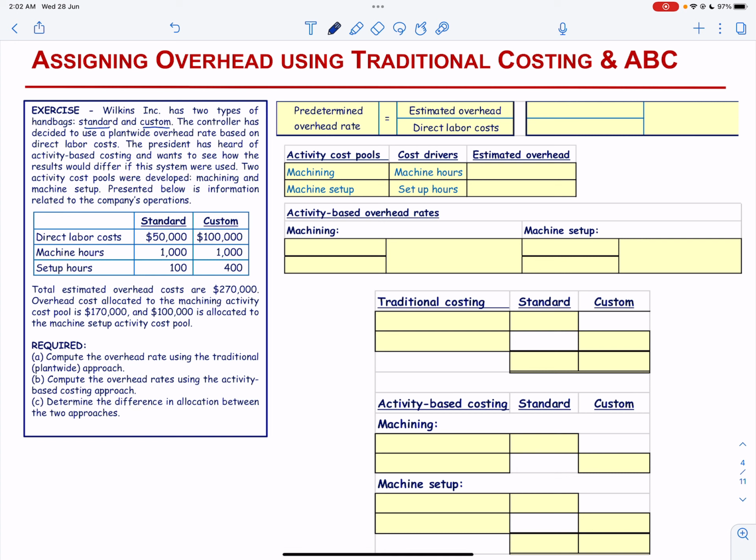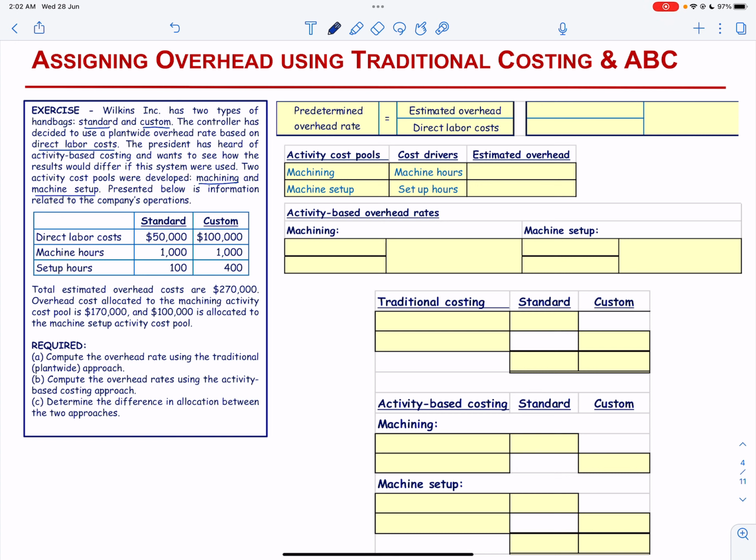The controller has decided to use a plant-wide overhead rate based on direct labor cost. The president has heard of activity-based costing and wants to see how the results would differ if this system were used. Two activity cost pools were developed, machining and machine setup.